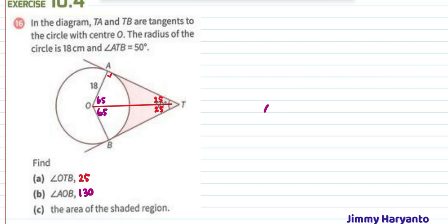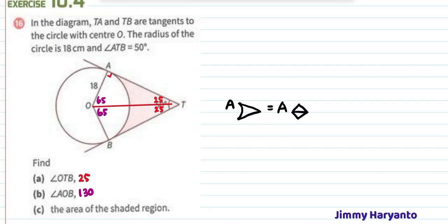And then the area of the shaded region will be the area of this one equals the area of this one minus the area of this one.